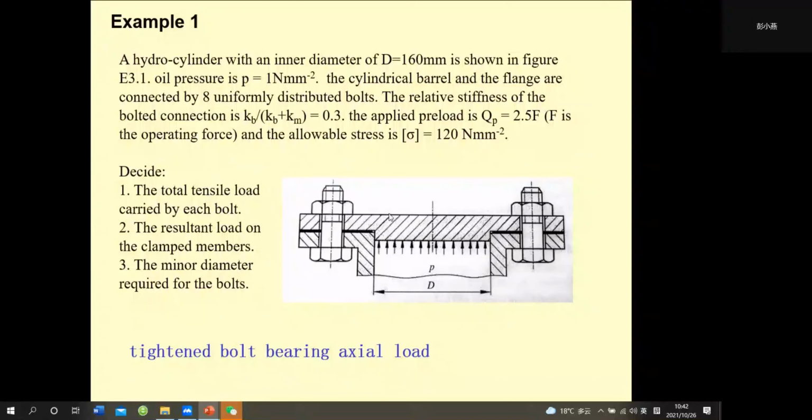In this condition, we have three conditions. One, the bolt carries a preload only.